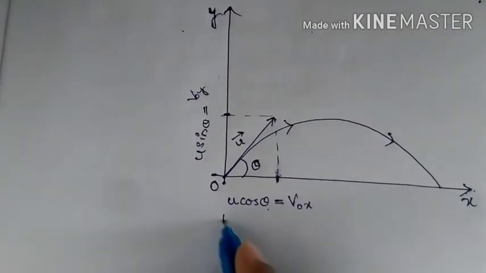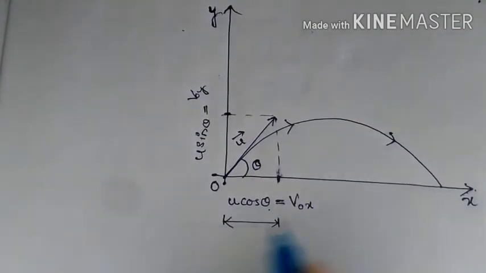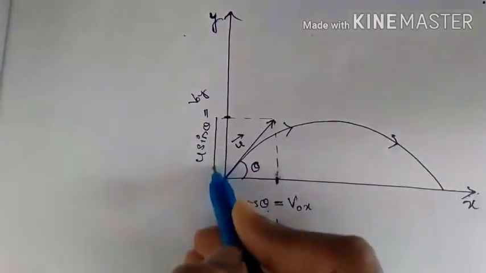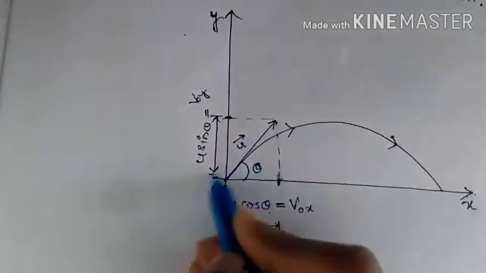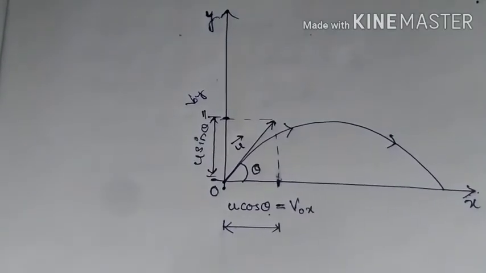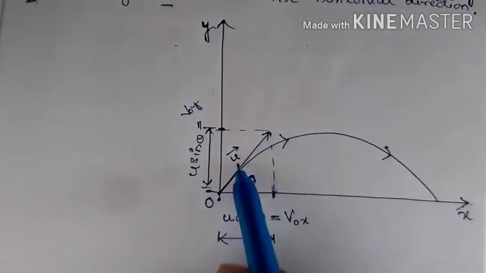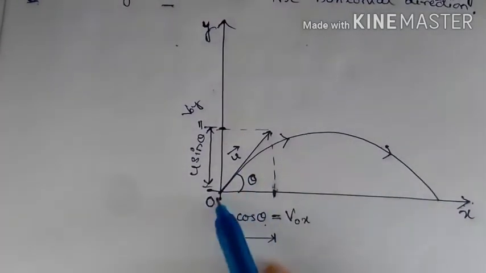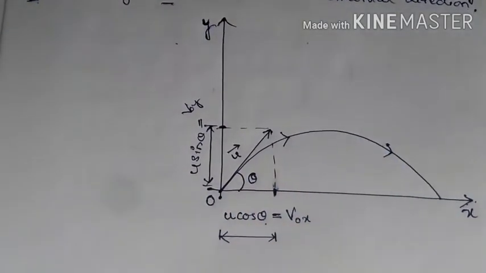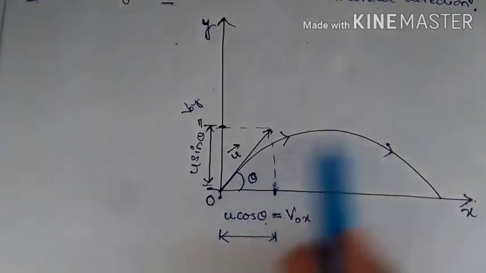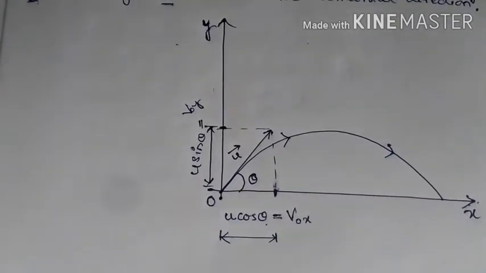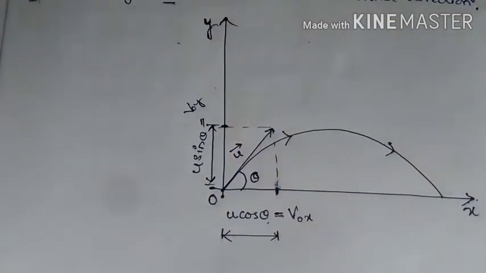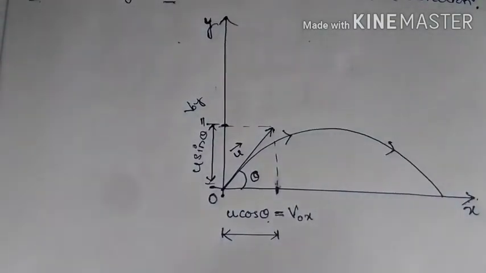Clear? So you have a projectile thrown with the initial velocity u making an angle theta. Now this projectile has made a parabola shape. Why have I drawn the parabola? So that you will understand as I do the derivation.